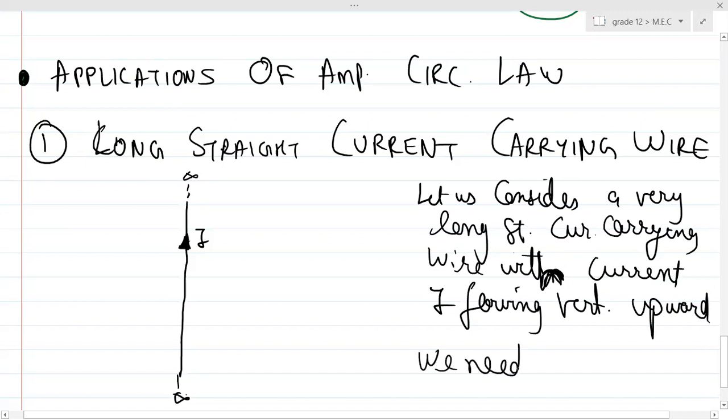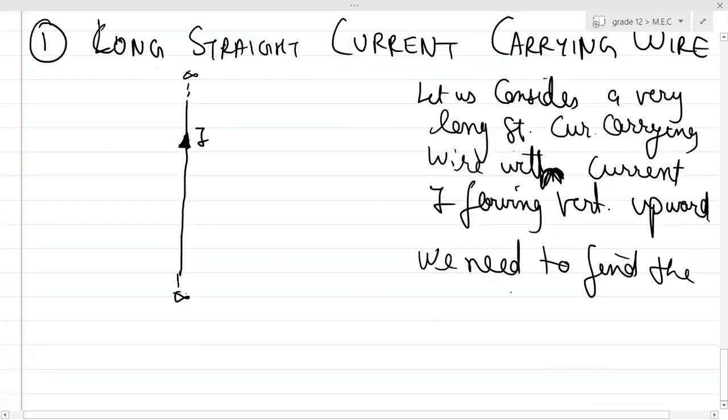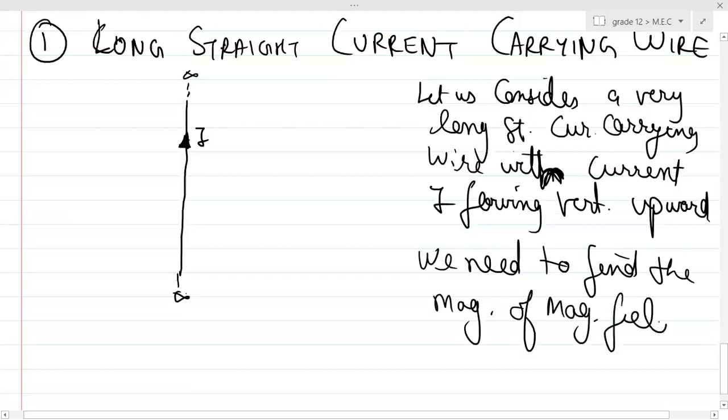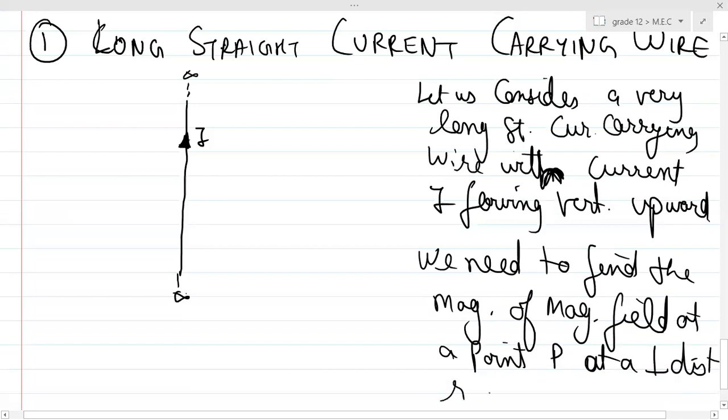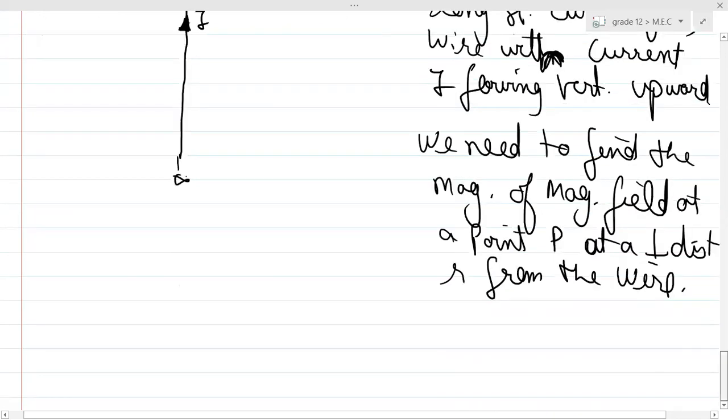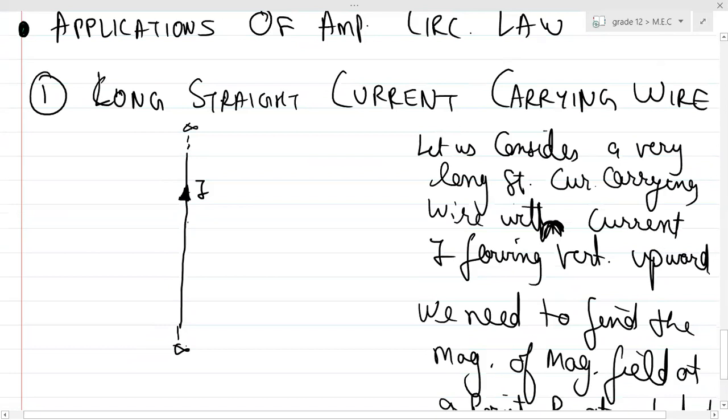We need to find the magnitude of magnetic field at a point P at a perpendicular distance R from the wire. Guys, are you writing this statement part? Please remember you need to write this. Then after this you can start.